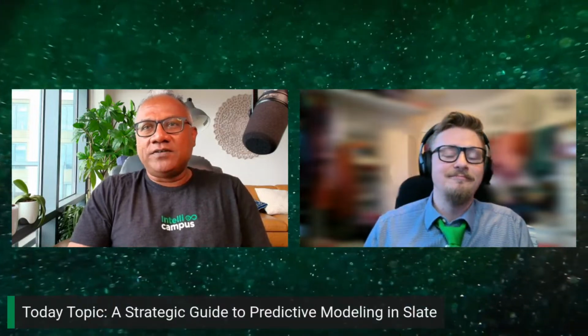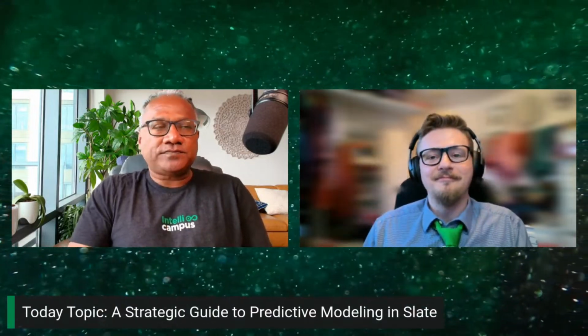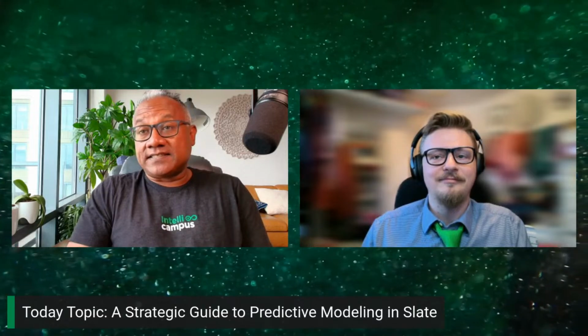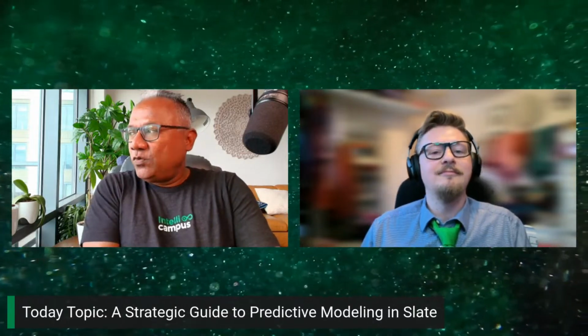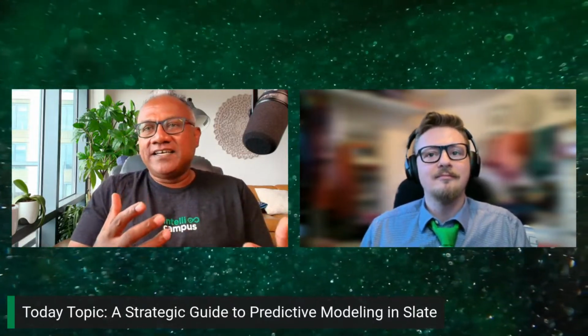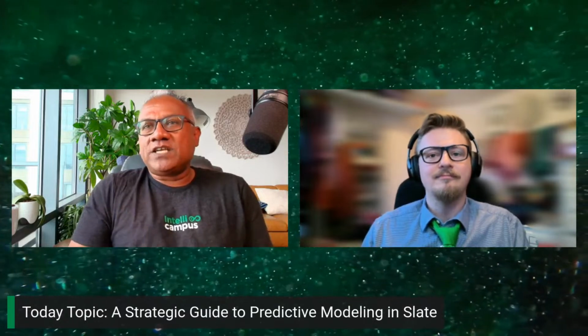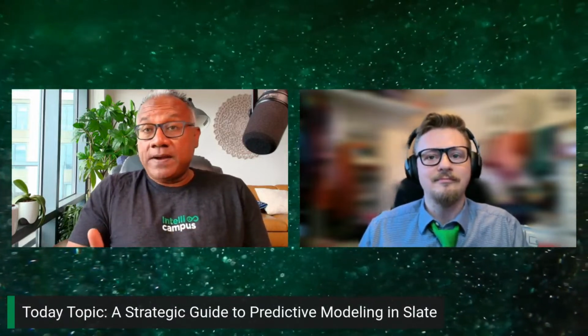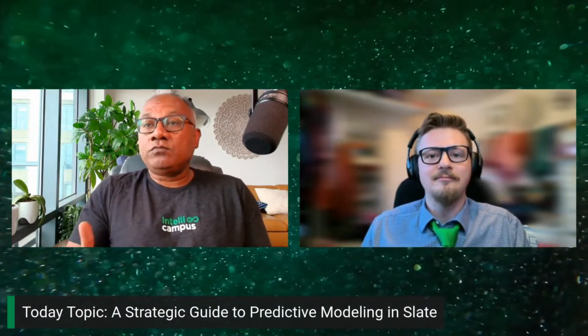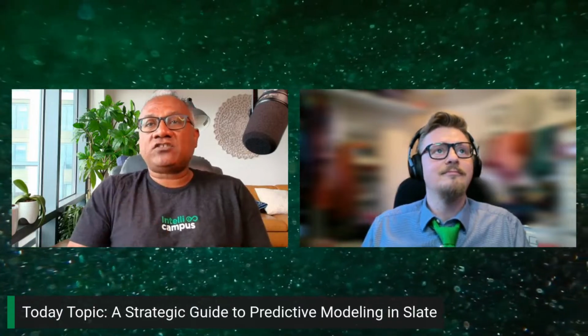We are here to be in a conversation with our friend David Dysart around a strategic guide to predictive modeling in Slate. We talk about data and the importance of it, but it's really about us predicting what we should be interacting with, what the actions are.